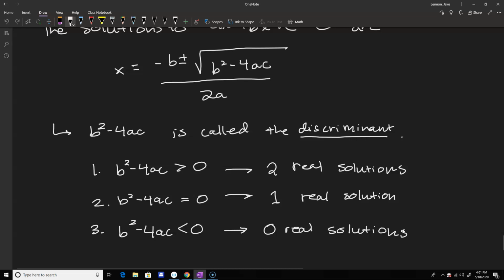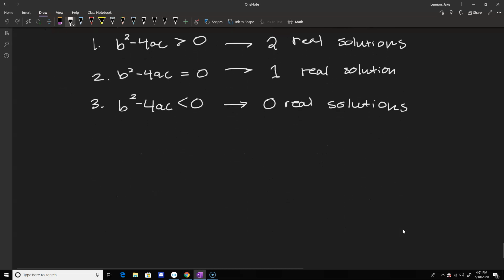All right, so there's nothing really interesting about using the quadratic formula. You just want to make sure that you're evaluating carefully. So example, solve by the quadratic formula.